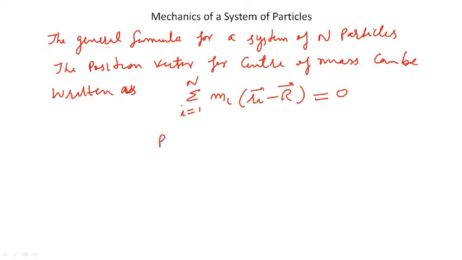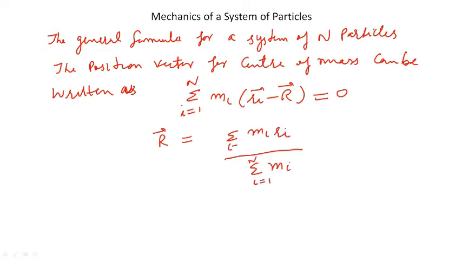Here you can find the position vector of the center of mass, that will be equal to sigma i mi ri upon sigma i mi, where i is from 1 to n.